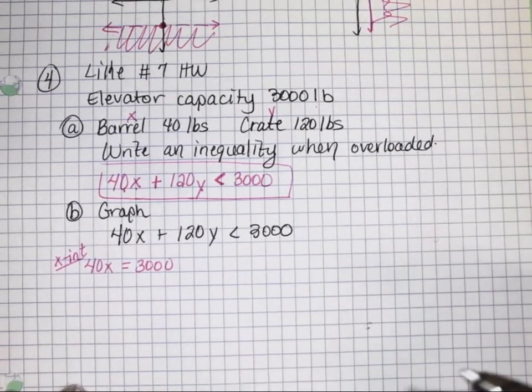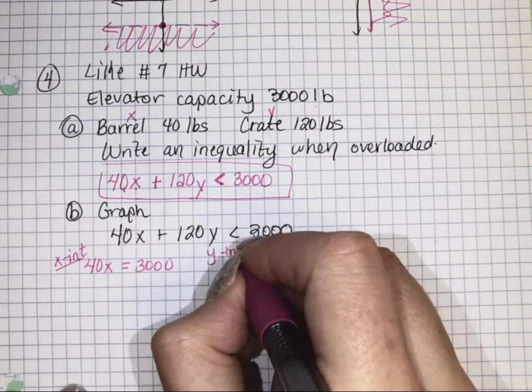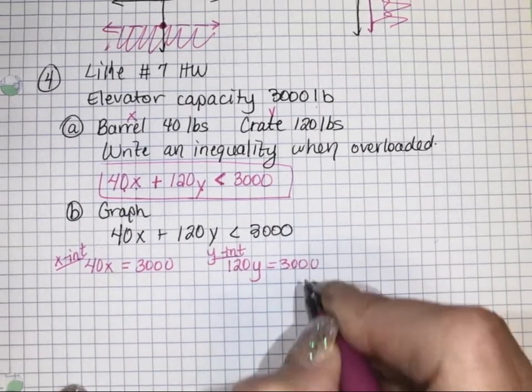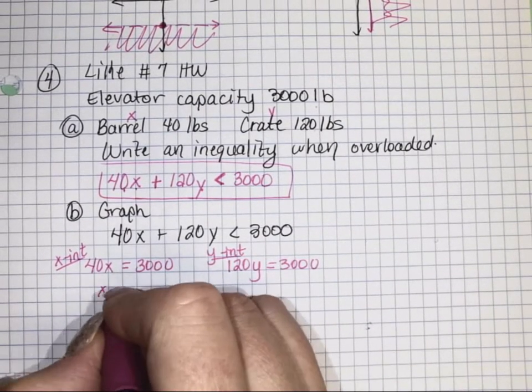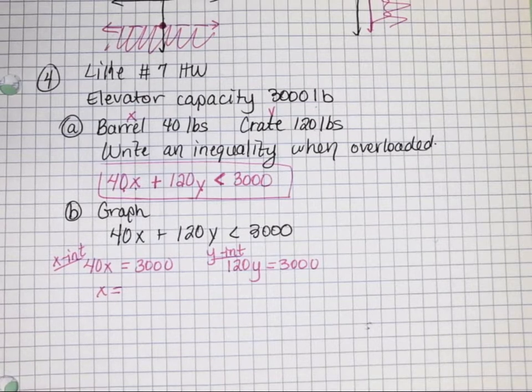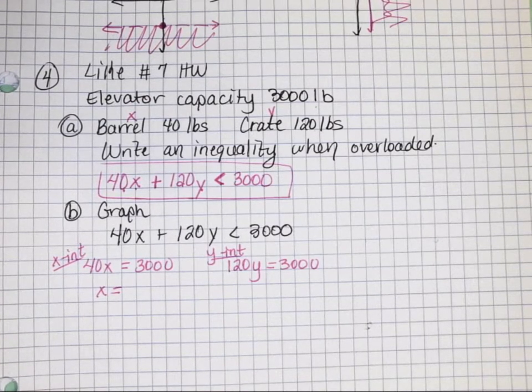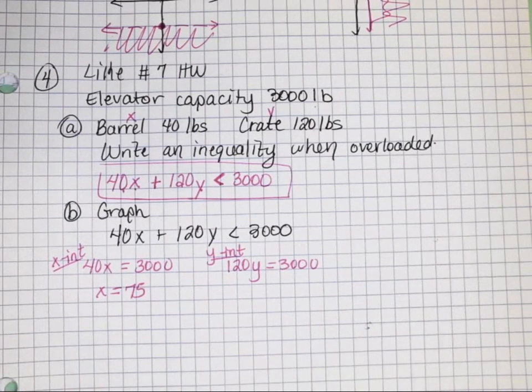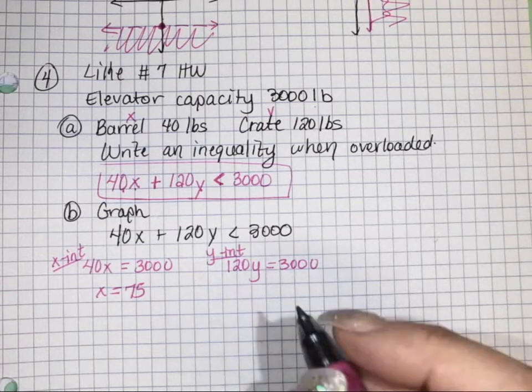I'm not going to pay attention to the less than sign just yet. So 120y equals 3,000, and then we're going to see. 3,000 divided by 40 is going to give you 75. And then 3,000 divided by 120 is going to give you 25.